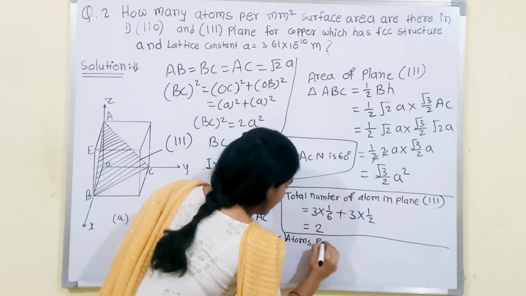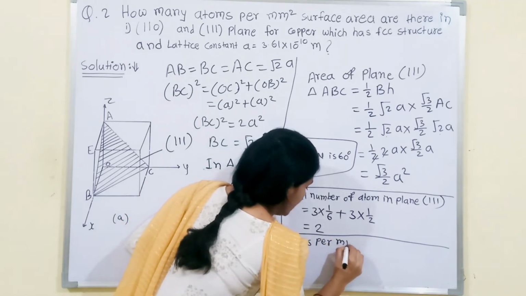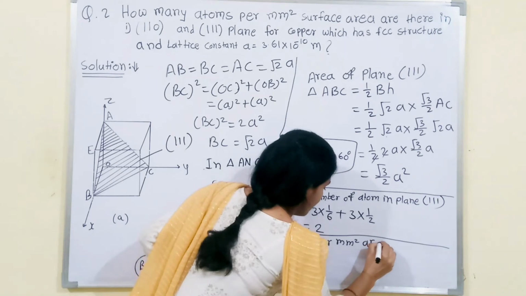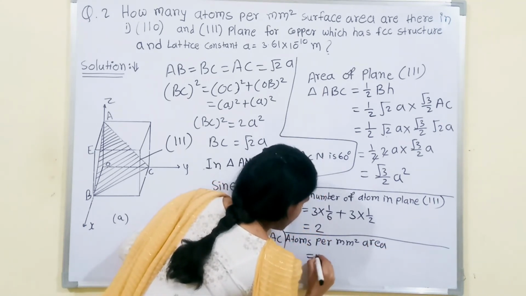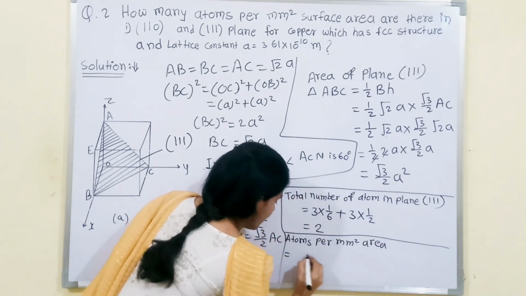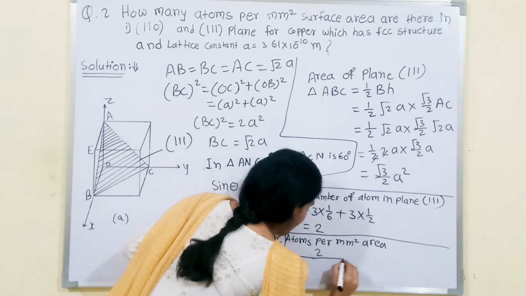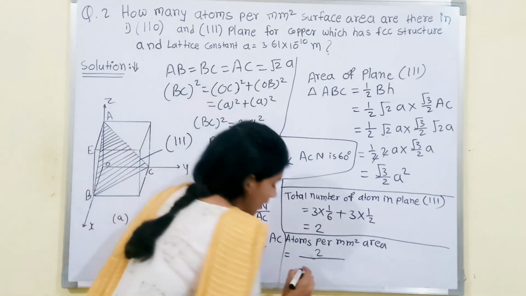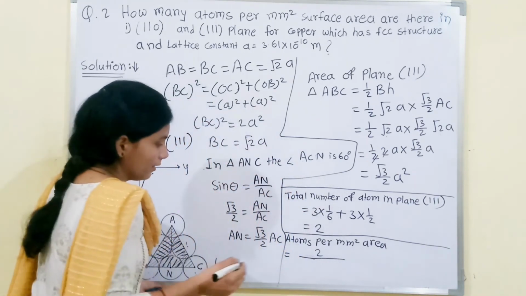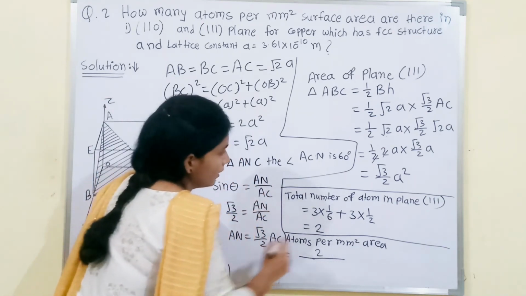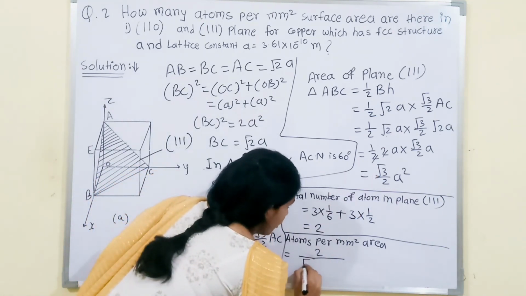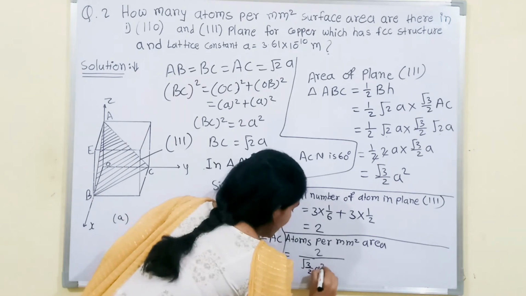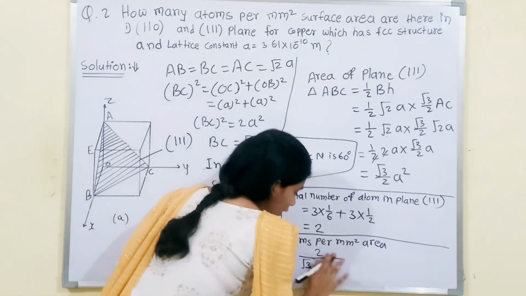So finally we will calculate the atoms per millimeter square area, which is equal to 2 divided by the area of plane. We directly write the area of plane as root 3 by 2 A square.